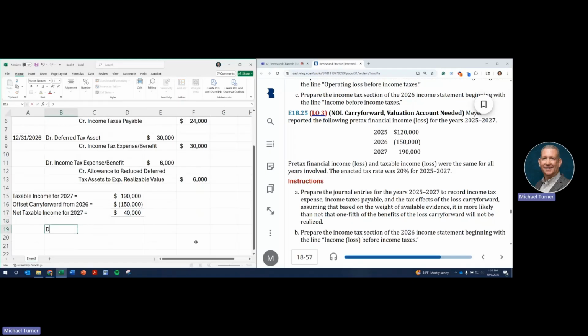So let's set up the journal entry. We'll have an expense this year since we've had such a large income, and it offset completely the carry forward from 2026.